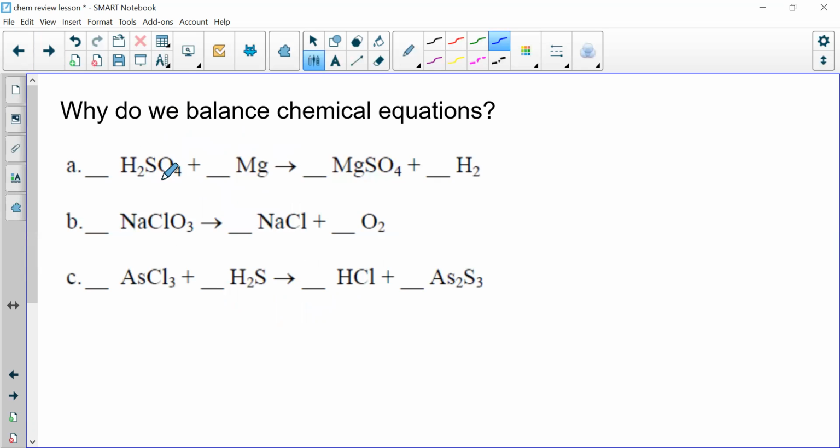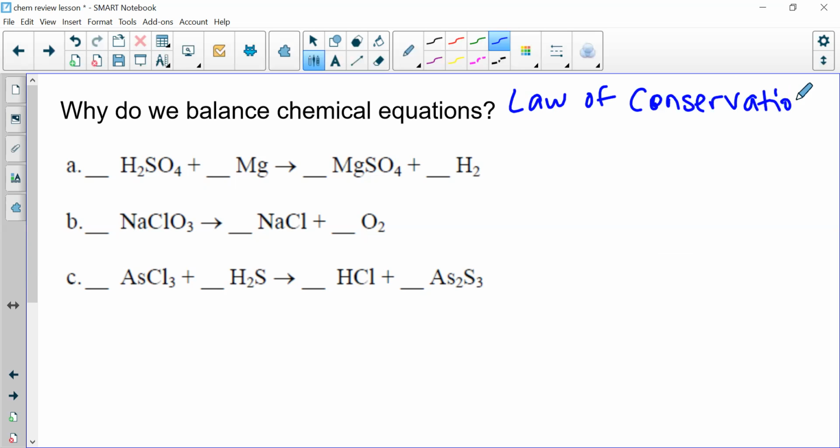All right, then we got into balancing equations and then types of equations. Why do we have to balance chemical equations? Is it because of the law of conservation of mass? It's like you can't create something from nothing, like you can't create more than what there was originally.